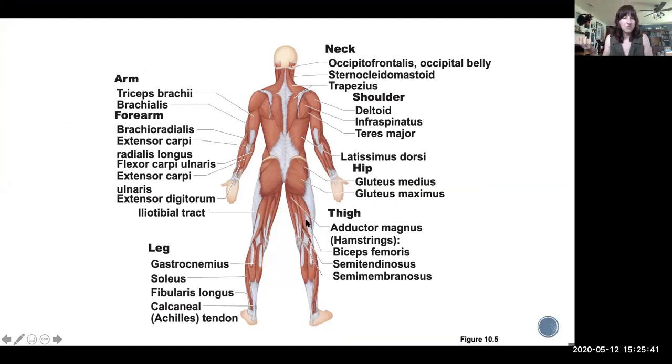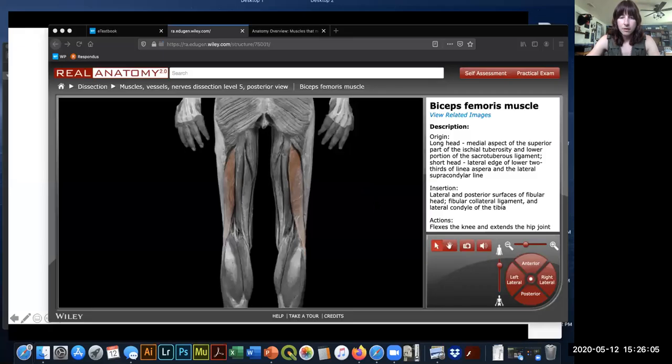Those are the muscles of the posterior side of your upper leg. On the lower leg, we're going to revisit a couple of friends from the anterior side because you can see them from both sides. Your gastrocnemius, which is your calf muscle, and your soleus, your little helper buddy.